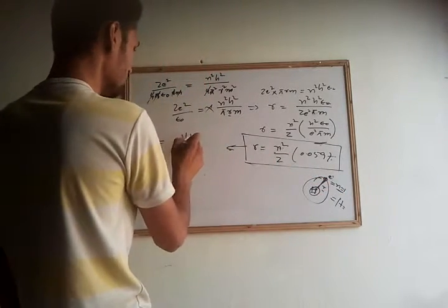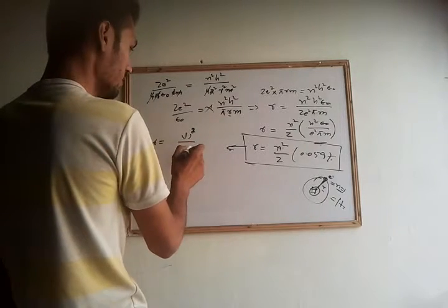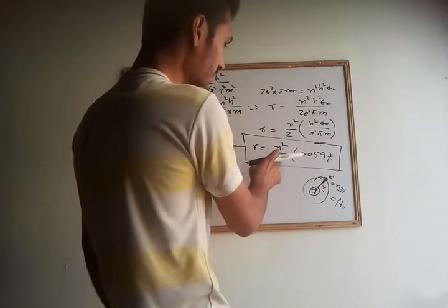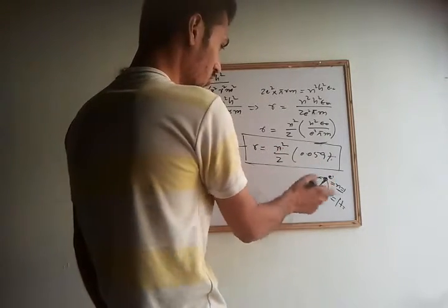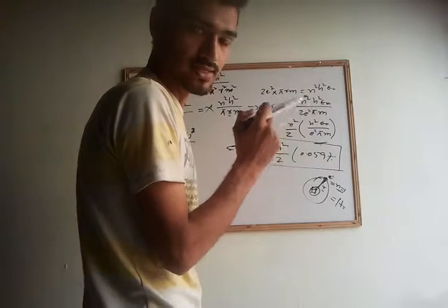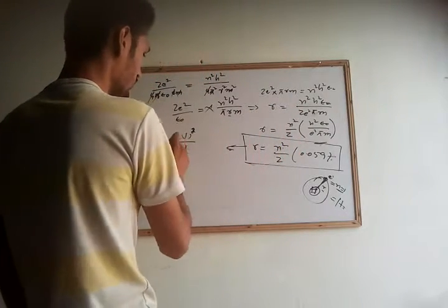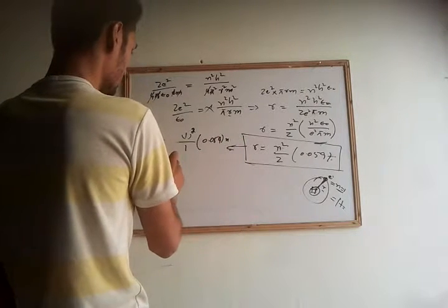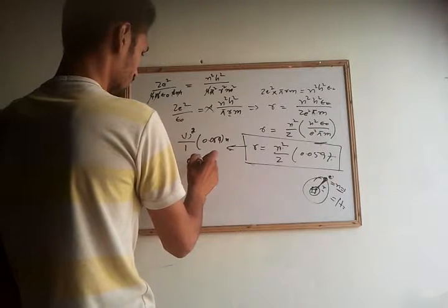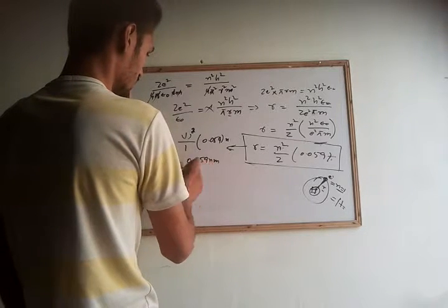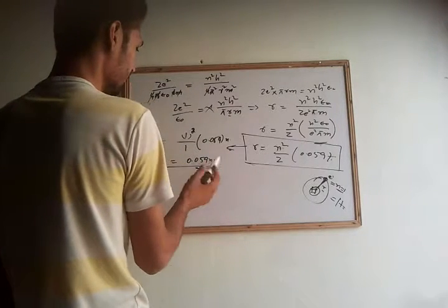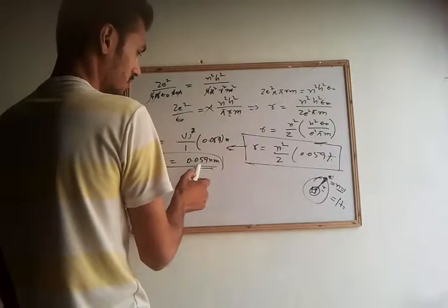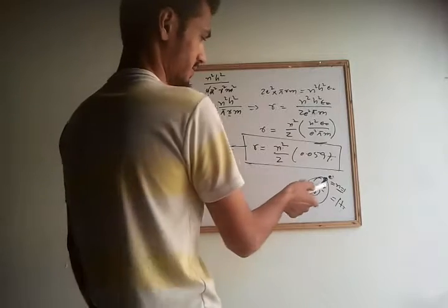Putting the value, 1 over Z. Z is the atomic number, it denotes the atomic number of the atom. The hydrogen atomic number is 1, so 1 times the constant value. This is the computed value of the radius for it.